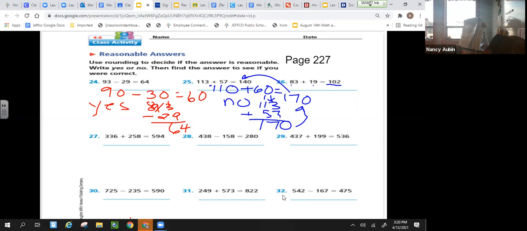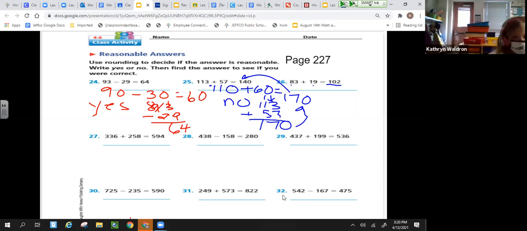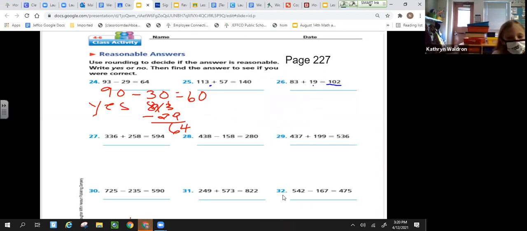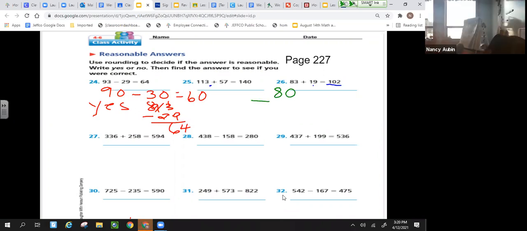Katie, can you unmute and walk us through number 26? How would I round 83? 3 is lower than 4, so you'd write 80. Excellent.